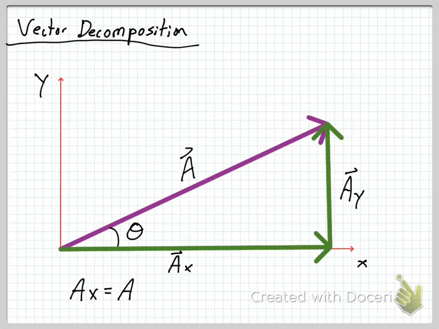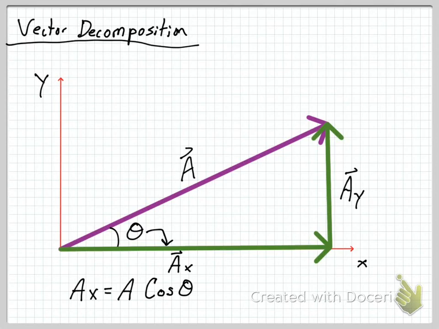Well, this angle theta is adjacent to the ax vector. So think back to your SOHCAHTOA from your trig class. This is going to be the cosine of the angle theta.